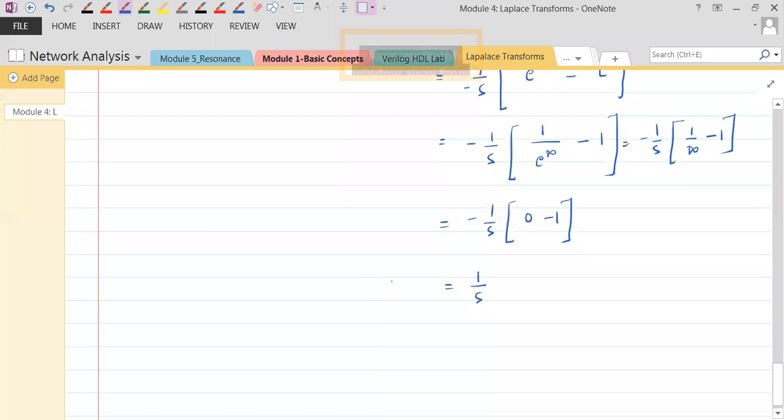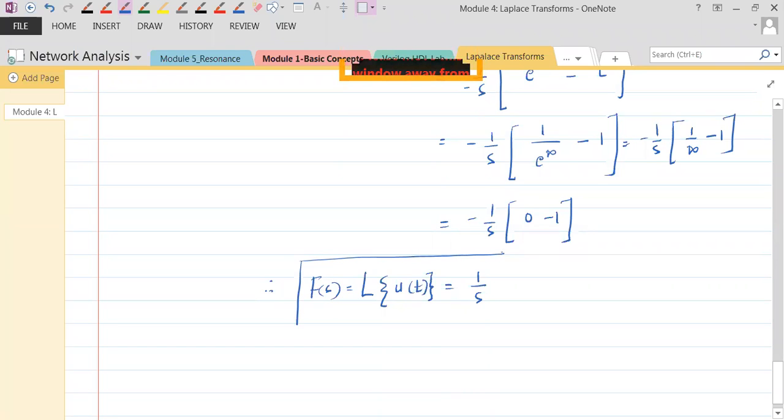That means F of s, which is the Laplace transform of u of t, is given by 1 by s. So the Laplace transform of a unit step function is 1 by s. Everybody understand? How did we do that?